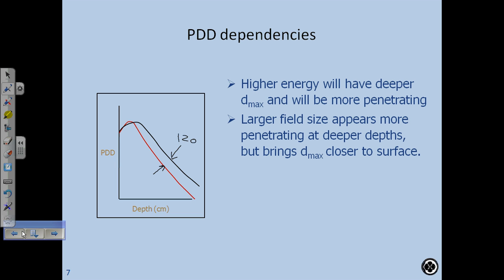This could be SSD 100, for example. And don't worry about the Dmax for now. Why does this look more penetrating? What do you think? As you get further away, greater SSD. Any guesses?